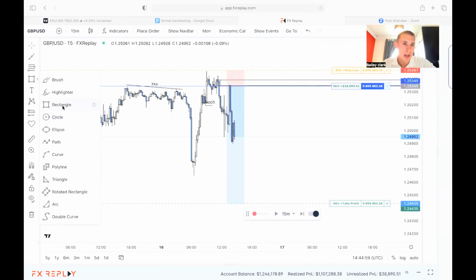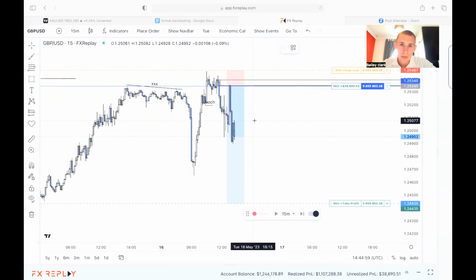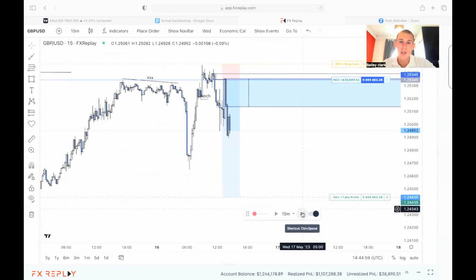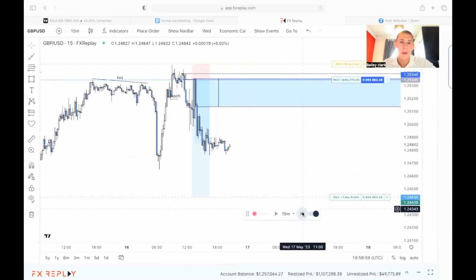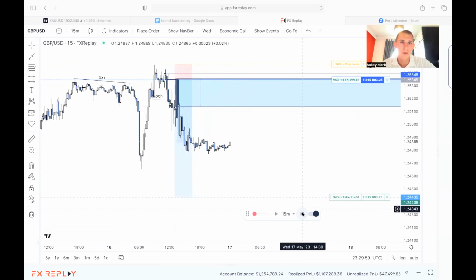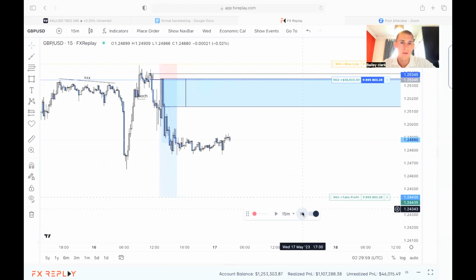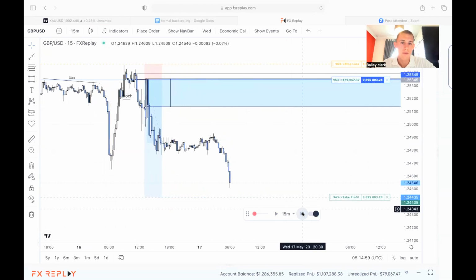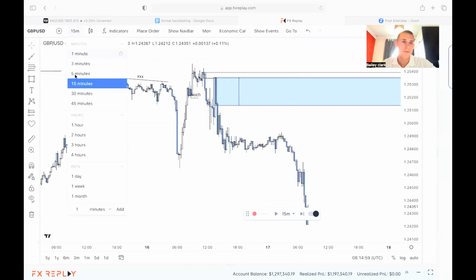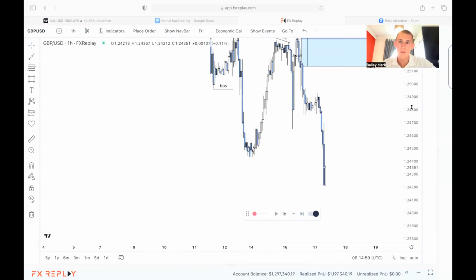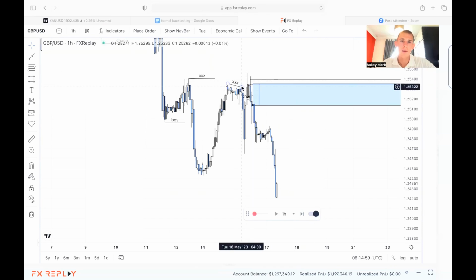We then have a new area formed in here where we could see a retest. Or maybe not, no retest, that's fine. And price has now continued bearish, like we said.